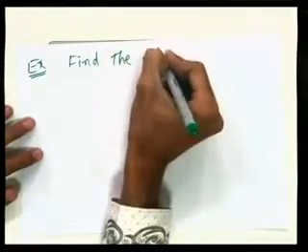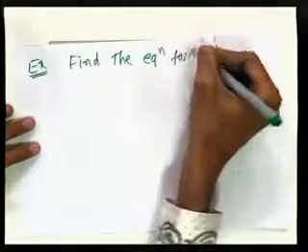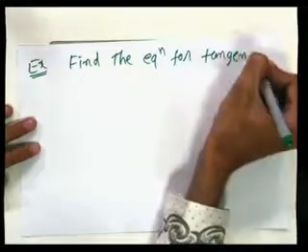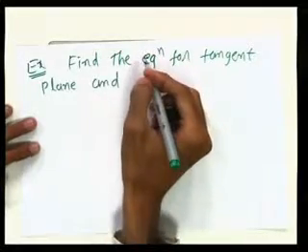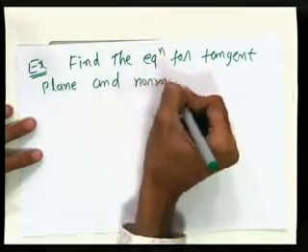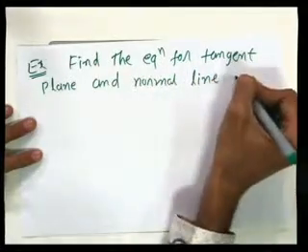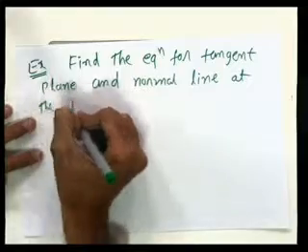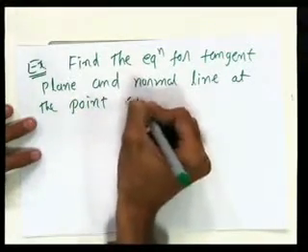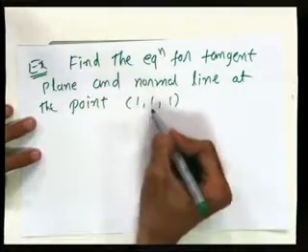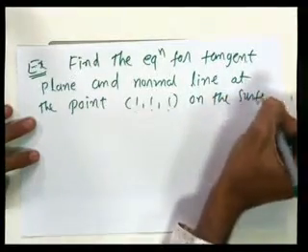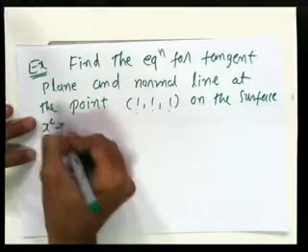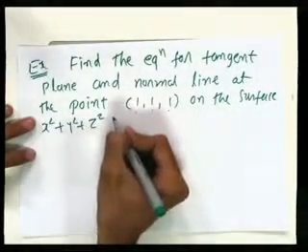Find the equation for the tangent plane and normal line at the point 1 1 1, which is our x1 y1 z1, on the surface x square plus y square plus z square is equal to 3.